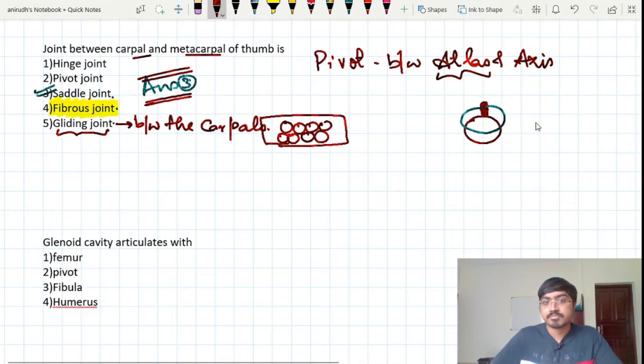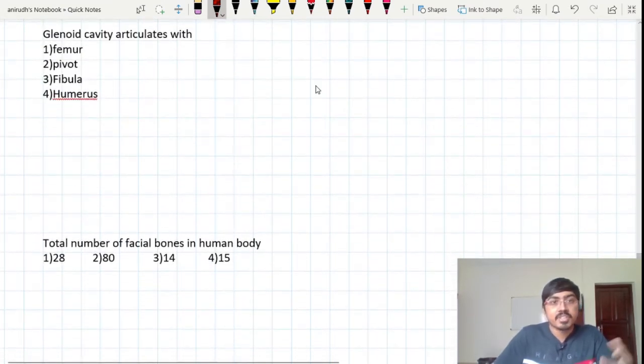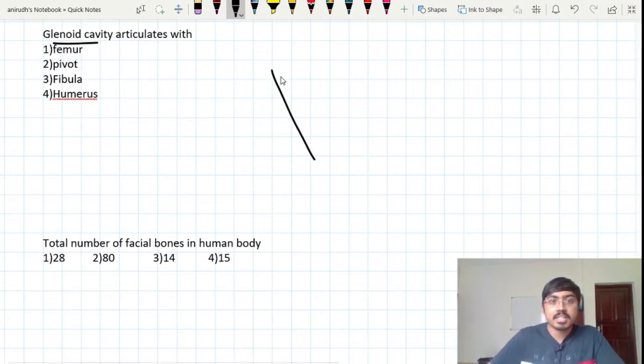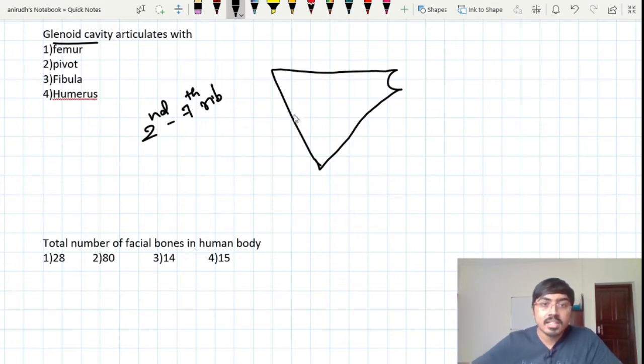Next question is on the topic of pectoral girdle. Glenoid cavity articulates with. If this is my scapula, there is a glenoid cavity here, and the scapula is an inverted triangle extending between the second to seventh ribs. Very important question. Here there is a small ridge-like structure called the spine of scapula.